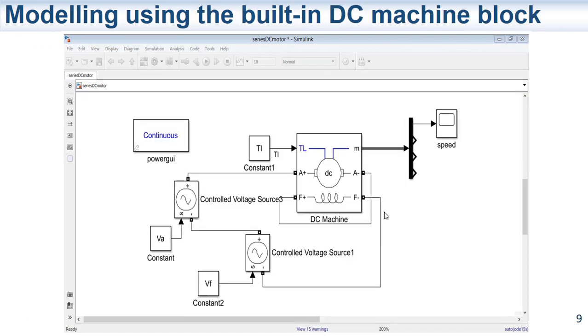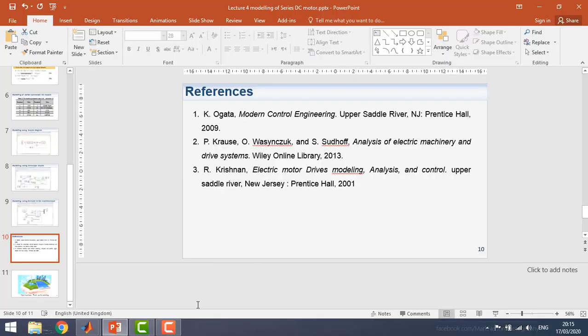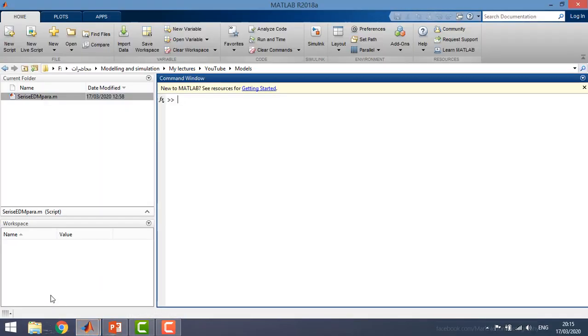And the final approach is to use the DC machine block to validate and double check the models we already presented and built. The references cited earlier in this lecture are presented here, and we've already started MATLAB.